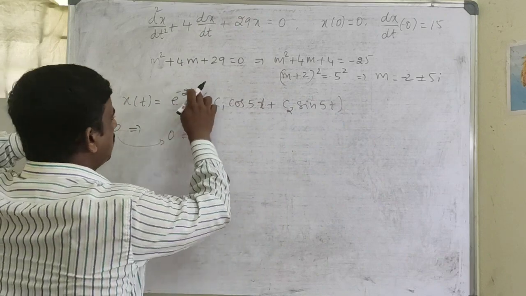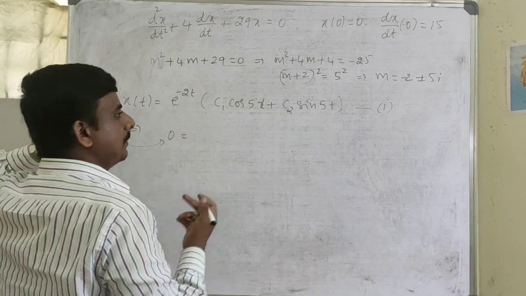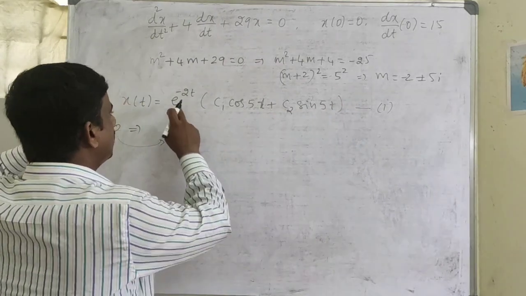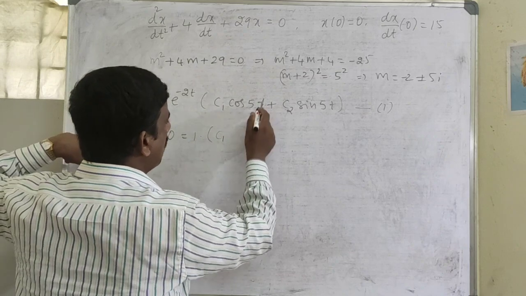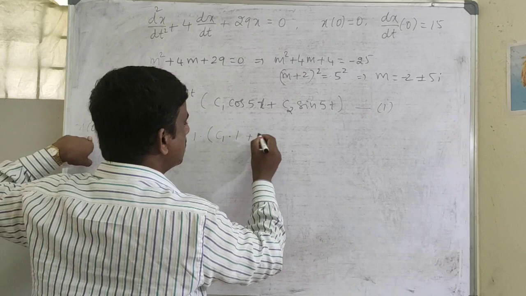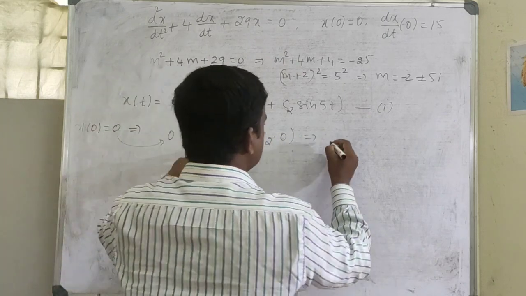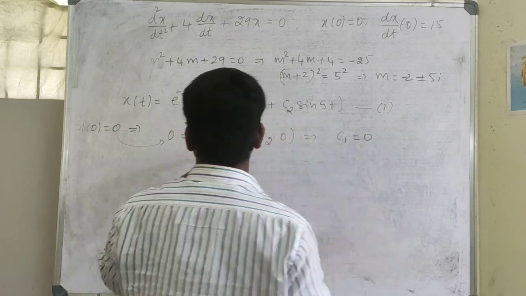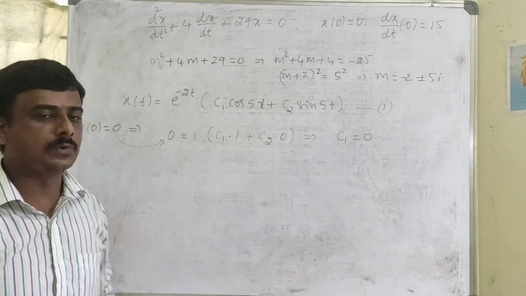So taking t equal to 0, I will call this equation 1 for my sake to recall it again. So e power 0 gets 1, c1 cos 0 is 1 plus c2 sin 0 is 0. So from this we got c1 equal to 0.